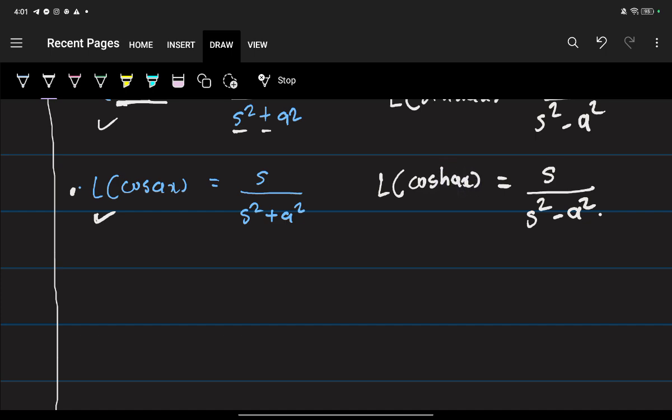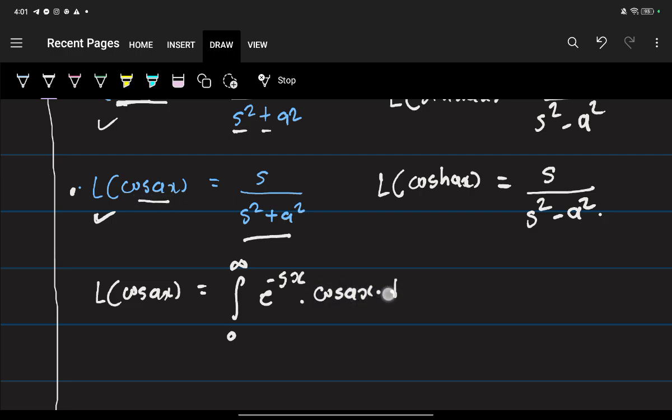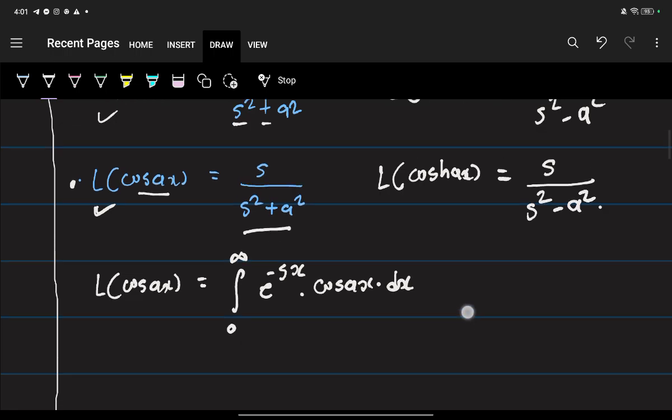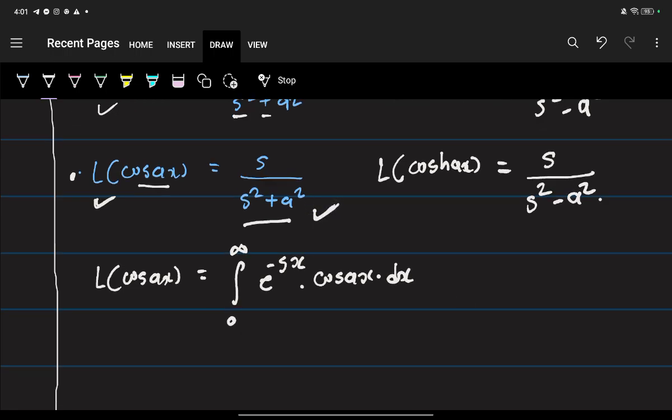Okay, but the thing is, how did we end up with these results? You can find it out by applying the Laplace transformation this way: e raised to minus sx multiplied by cos ax dx. Now you can integrate it and you will end up with this result, okay?